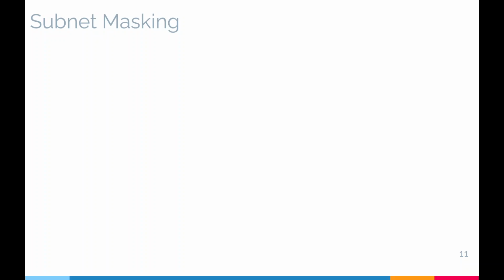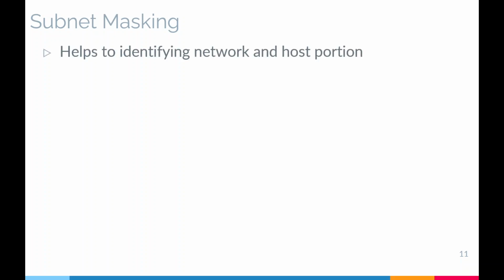If you're aware of the different classes of IP addresses, then you might not need subnet masking, but anytime you check the IP config, it will always show you the subnet mask. Like the way we saw in the previous slide, we were able to see a subnet mask of 255.255.255.0 for a class C IP address. So that's the use of subnet masking.